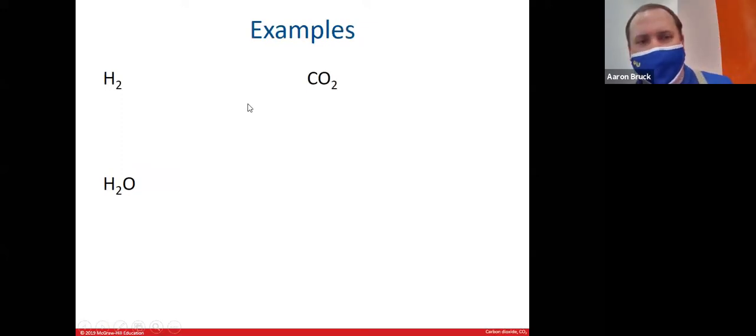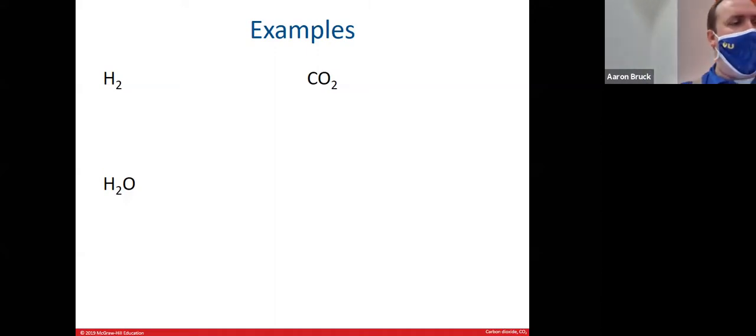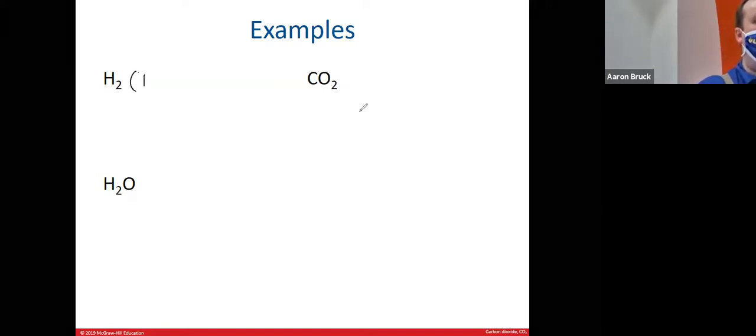So let's do a couple of examples. With hydrogen, each hydrogen has 1 valence electron. So there's only going to be 2 electrons total in hydrogen. This is what we would call the simplest example, because hydrogen, group 1, has 1 valence electron.